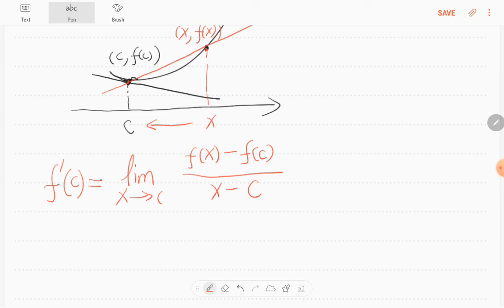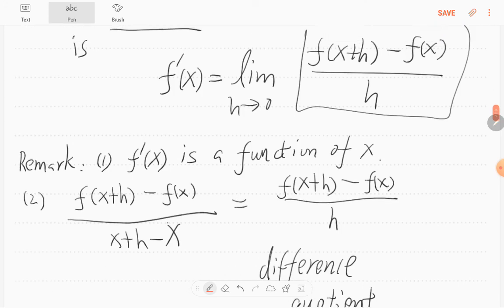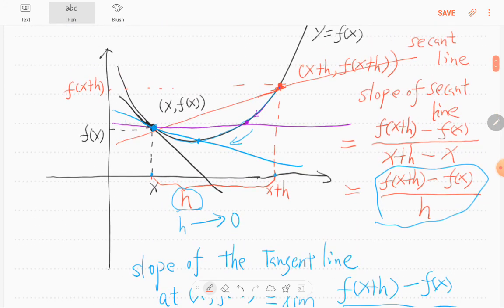So you can see the difference between these two definitions. Here x approaches c, so this point will move down toward the tangent point. And here h approaches 0. When h approaches 0, in other words, x plus h will approach x, so this point will move toward the tangent point.